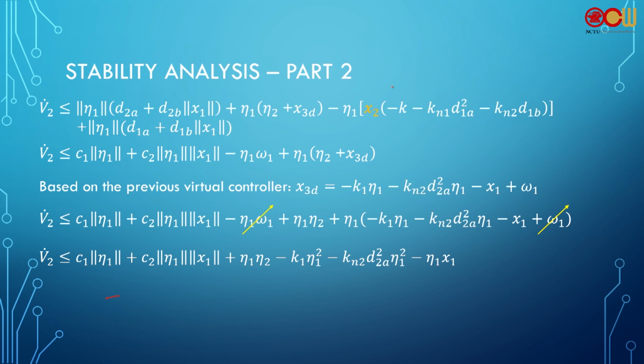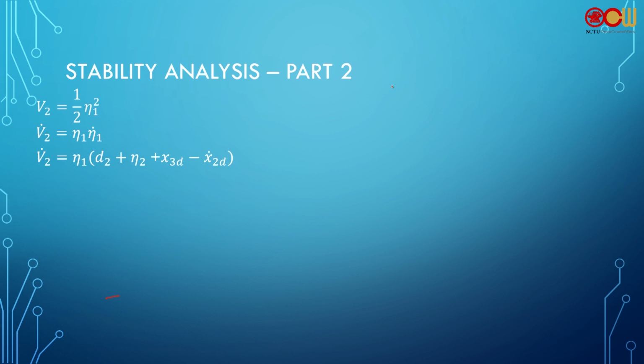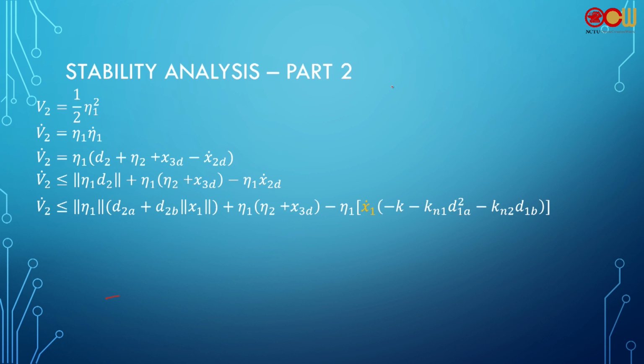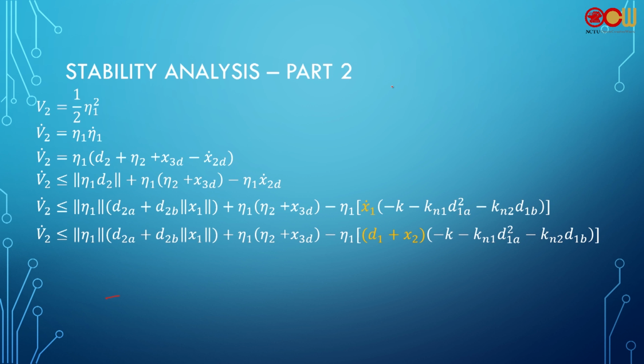So let's do a quick recap. Here, what I do is substitute the open loop dynamics, and do the upper bound on the disturbances. Substitute x2d dot, which is this. x1 dot is the dynamics here. And you see that here's another disturbance. And these disturbances need to be upper bounded.